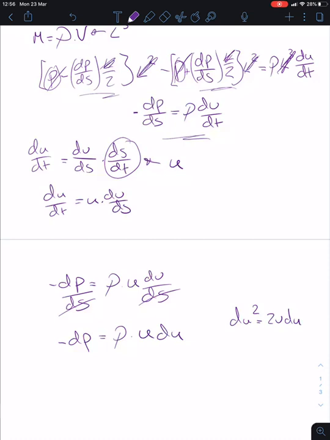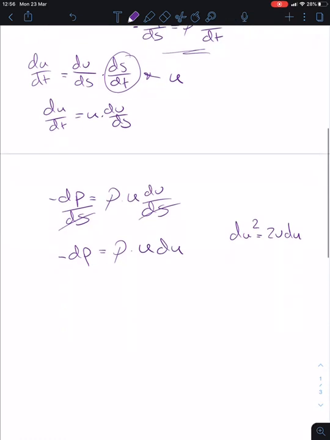So we'll integrate between two arbitrary points along our streamline, which we'll call position 1 and position 2. What we end up with is an integral between pressure at point 1 and pressure at point 2 of minus dP, equals rho times the integral between velocity at point 1 and velocity at point 2 of u du.